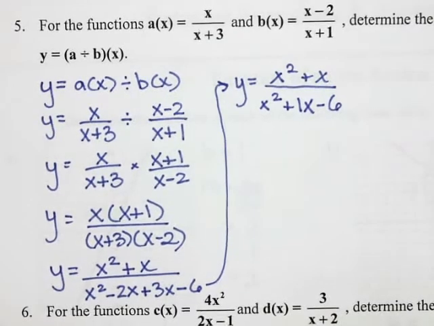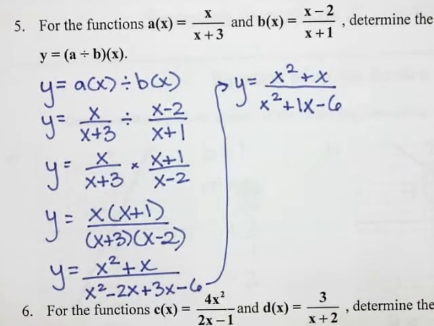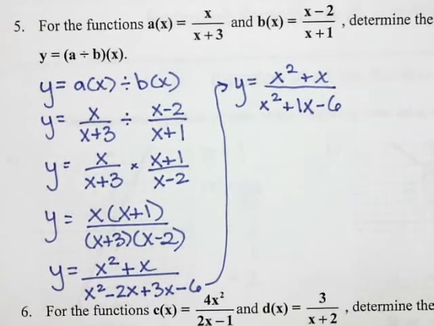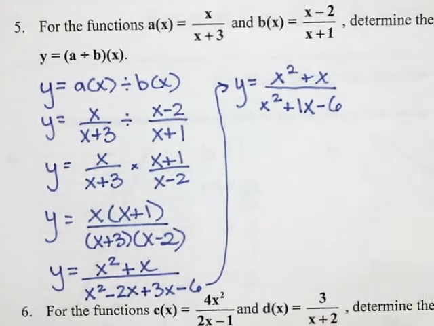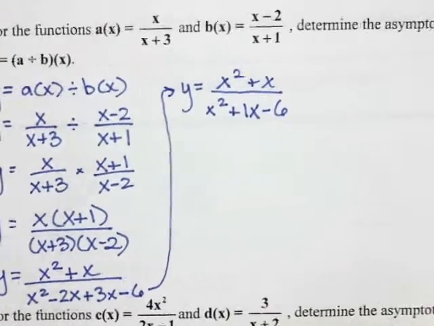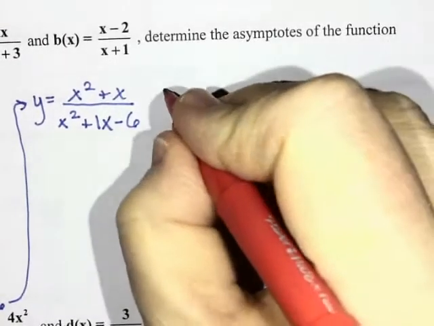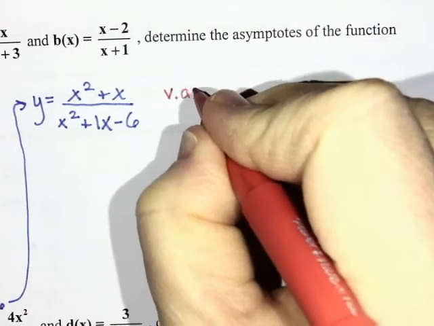Okay. So there are 3 types of asymptotes, but only 2 types of calculations that we need to do. So up first, we need to find our vertical asymptotes. And we get our vertical asymptotes by setting the denominator equal to 0. So let's slide it over and do it here. So I'm going to write vertical asymptotes.